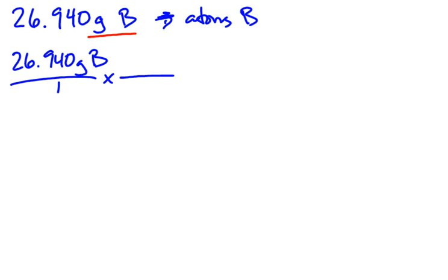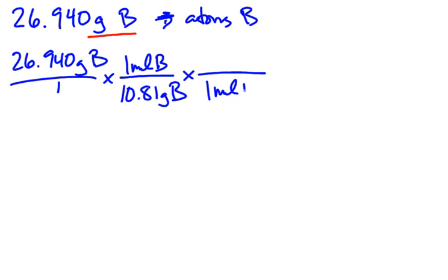So, the molar mass of boron is, let's see, 10.81 grams of boron for every 1 mole of boron. And then I also can go from 1 mole of boron to 6.022 times 10 to the 23rd atoms of boron.